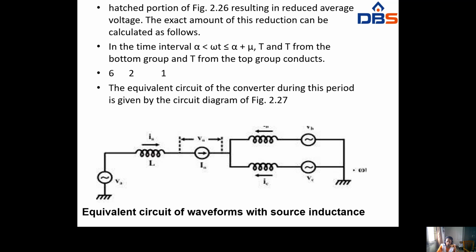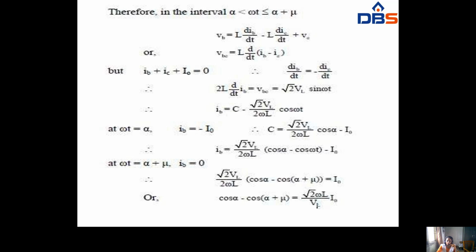Here VA, source inductance, and the current IA, it goes through the source inductance, VB and IB, and VC and IC. So this is the equivalent circuit when it is conducting with the source inductance. So when you derive the equation for the source inductance, in the interval alpha less than or equal to omega t less than or equal to alpha plus mu, VB equal to L into dIB by dt minus L into dIC by dt plus VC.